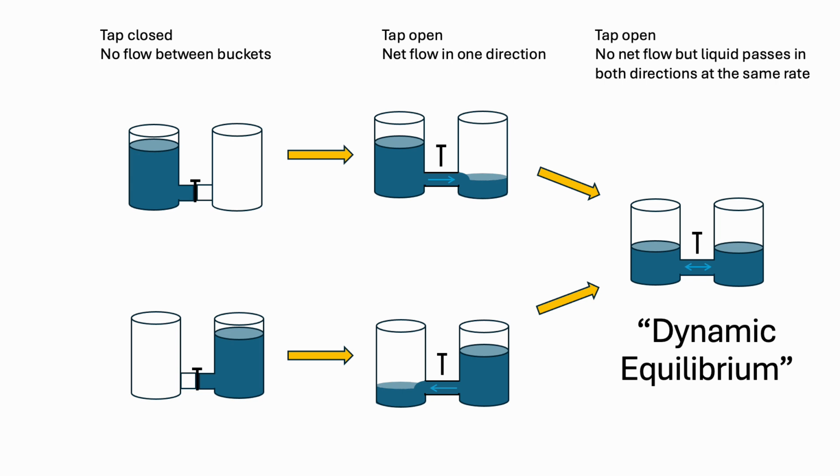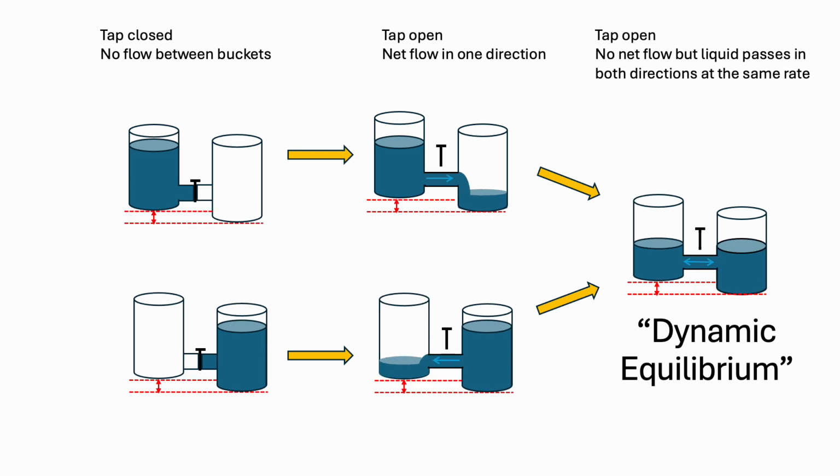At the start, only one bucket contains liquid, and when the tap is open, there is a flow into the empty bucket. I could also have started the process by filling the second bucket, and then there would be flow into the first container. After a while, the levels in the two buckets become equal, and while liquid can still flow through the connecting pipe, it does so in both directions, so there is no overall change.